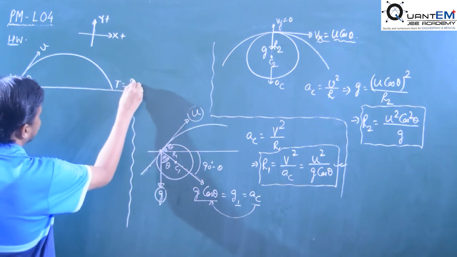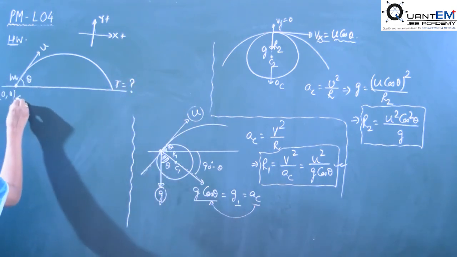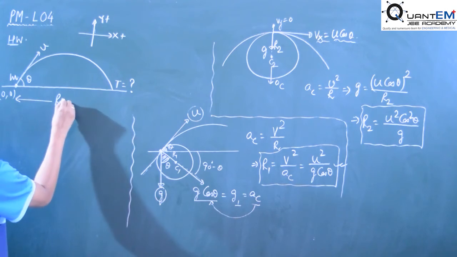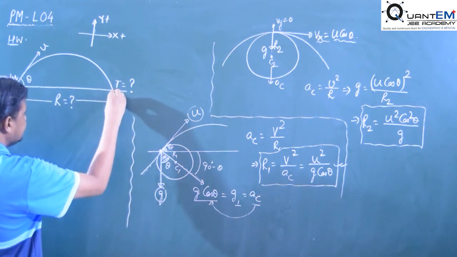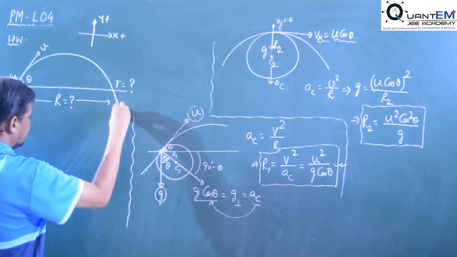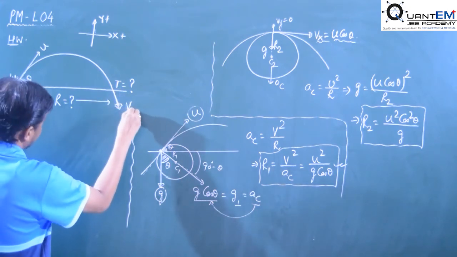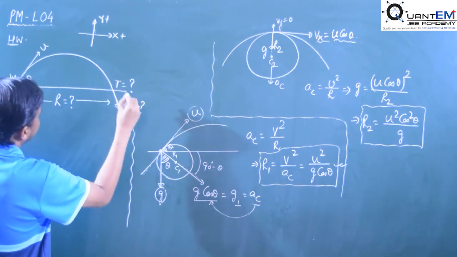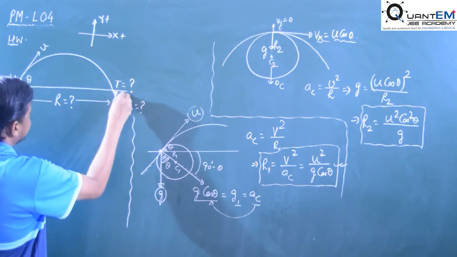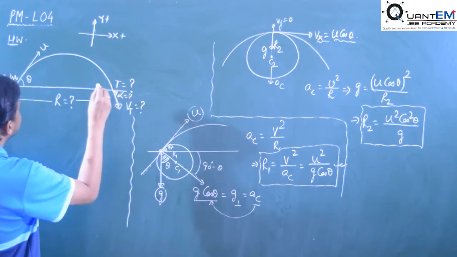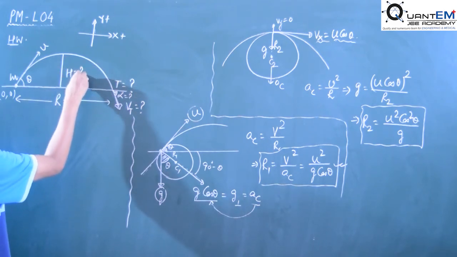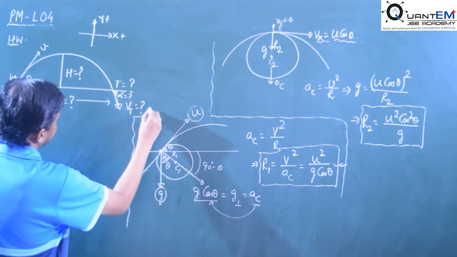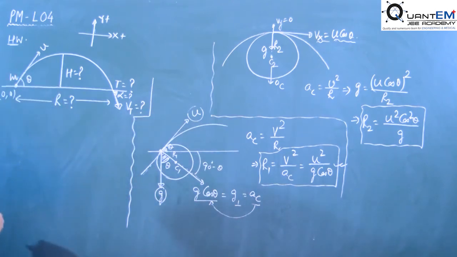You have to find the time of flight of the projectile, the range of the projectile, the speed with which the particle hits the ground, Vt, this angle alpha, and also the maximum height of the projectile.